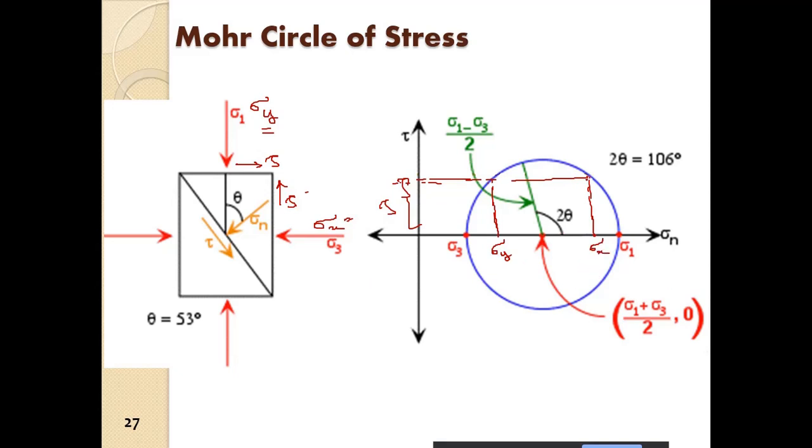All right, and you draw this. So this is the diameter, so this is the deviatoric stress, and ultimately if you complete, you get the center. All right, if you complete the circle, you will get the major principal plane also. So this is the graphical method.